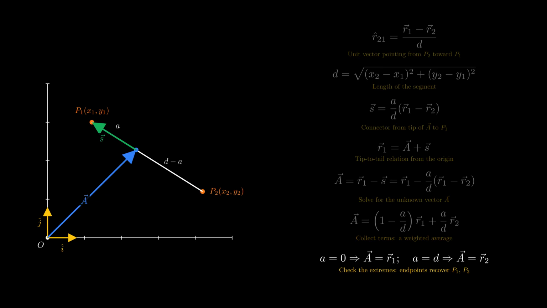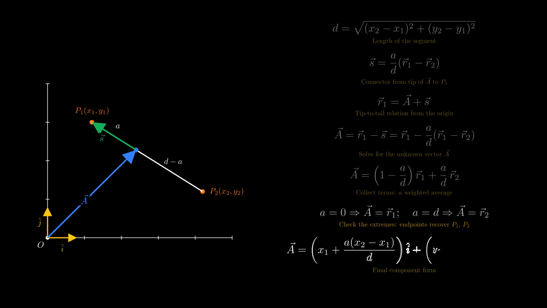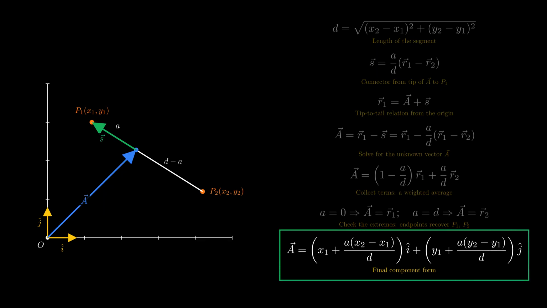When little a is 0, we get R1, so the point sits at P1. When little a equals d, we get R2, so the point sits at P2. In components, vector A equals x1 plus little a times (x2 minus x1) over d in the i-hat direction, plus y1 plus little a times (y2 minus y1) over d in the j-hat direction.